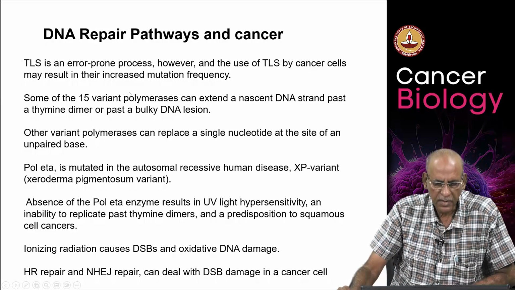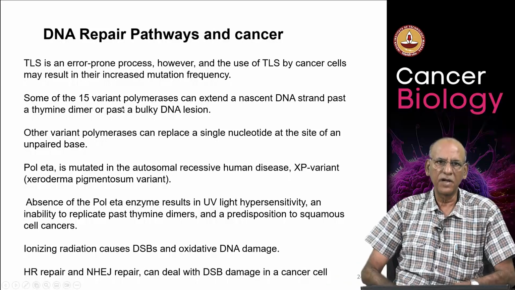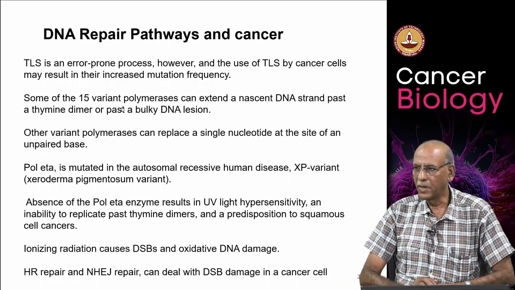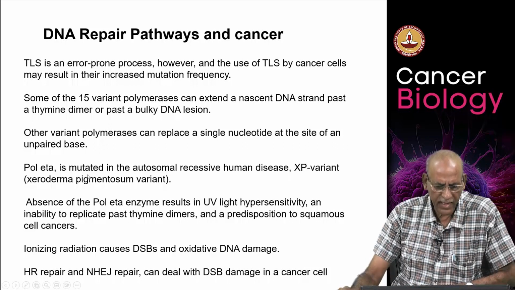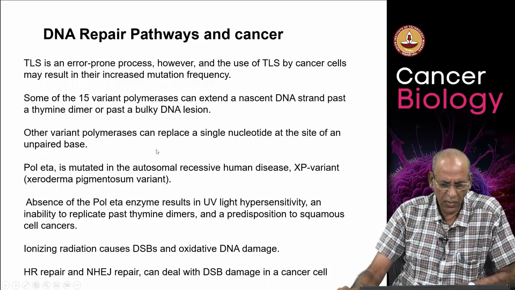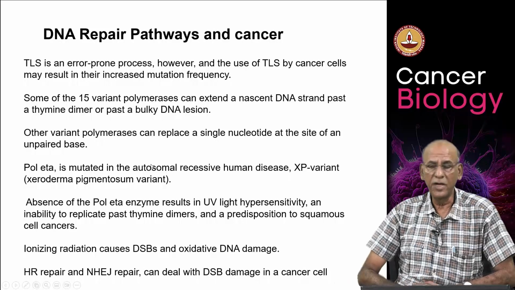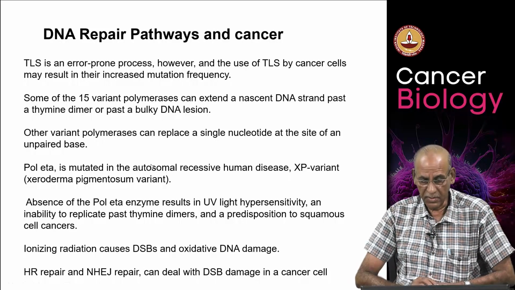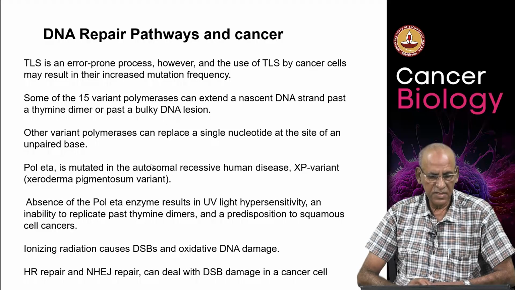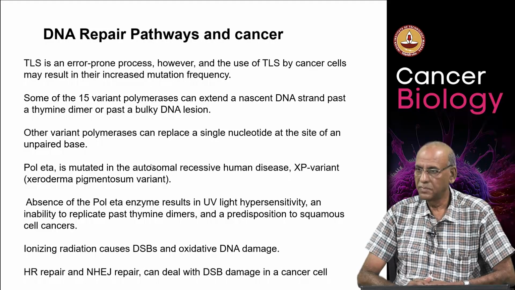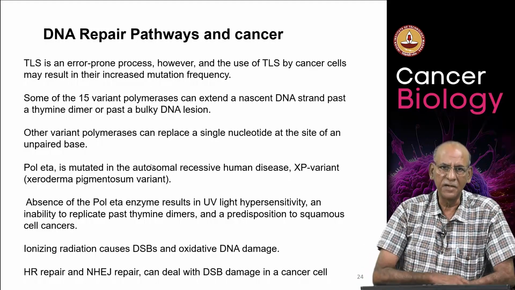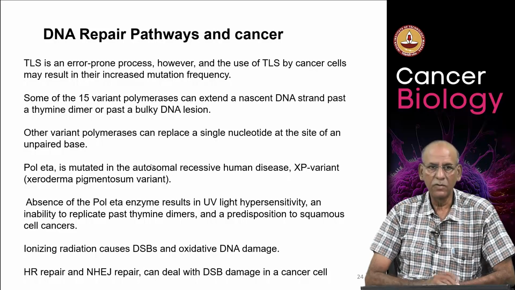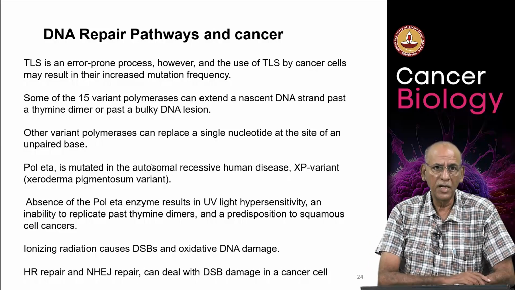What he says is that there are several polymerases that can do this job. Pol-eta is the more important one. Pol-eta is sometimes mutated in a particular disease called xeroderma pigmentosum. It is happening in the skin, where they found in some patients this Pol-eta is mutated.